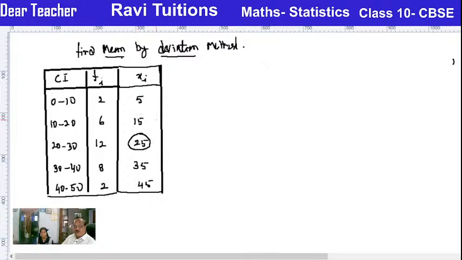Let us assume one class mark. This is the assumed mean, A. We are assuming one mean, we call that A, 25. Usually you take it from the middle.